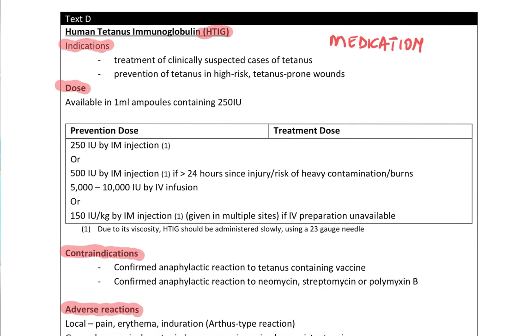We are now going to look for a keyword, needle, okay? So when it's scanned quickly, you will see needle here. So let's read. Due to its viscosity, HTIG should be administered slowly using a 23 gauge needle. So what size of the needle? 23 gauge.